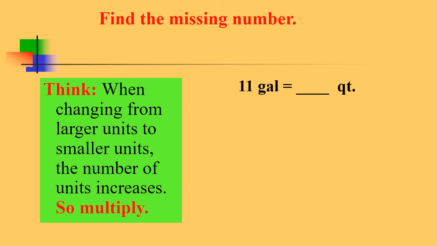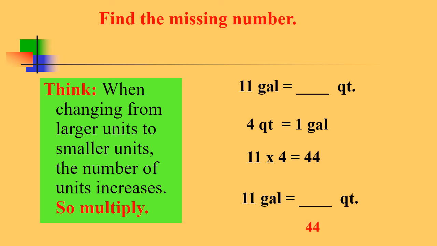Gallons is bigger than quarts, so we have to multiply. We have to find out how many quarts equal a gallon. We know that 4 quarts equal 1 gallon. Therefore, we multiply 11 times 4, which gives us 44. So our answer will be 44 quarts.